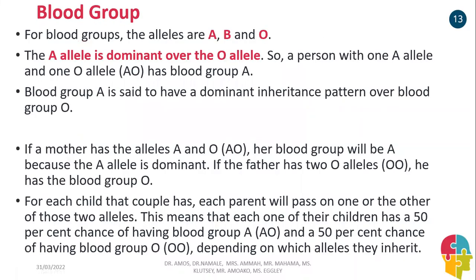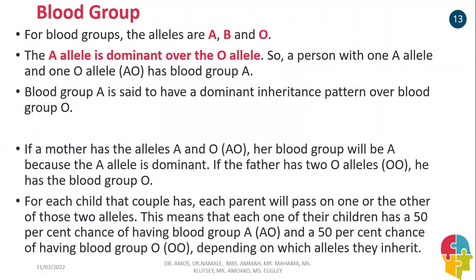When it comes to blood group, there are three alleles for blood group. We have A, B, and O. The A allele is dominant, the B allele is dominant, but the O is recessive. Now, if a person has blood group A, the person actually has AO.